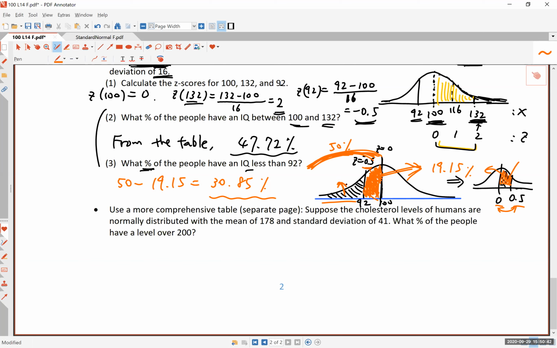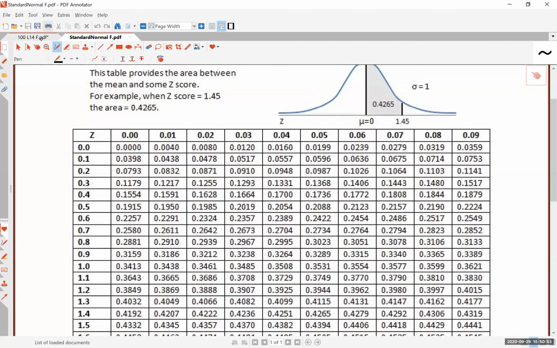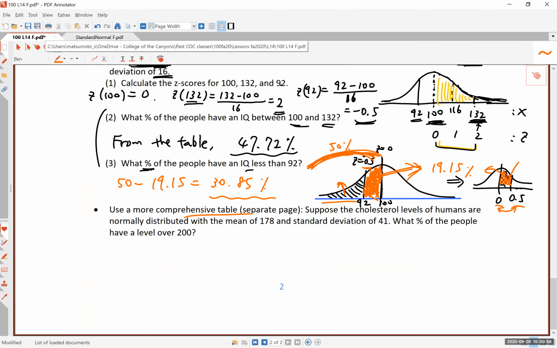That's how you can calculate these percentages. You can also use a more comprehensive table, which is what I was showing you here. This should be found in the same module where you find this lesson, and that's what you can do to get the answer to this last question.